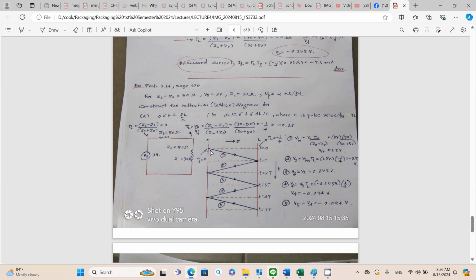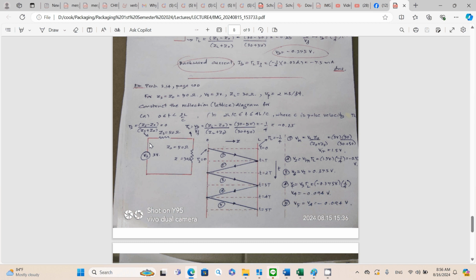For the vertical x-axis, this is the point along the transmission line, where the horizontal one, right? For the vertical one, from the top to the bottom, that's the time. You can see the time increase from t0 to T, the uppercase T. That's the period.